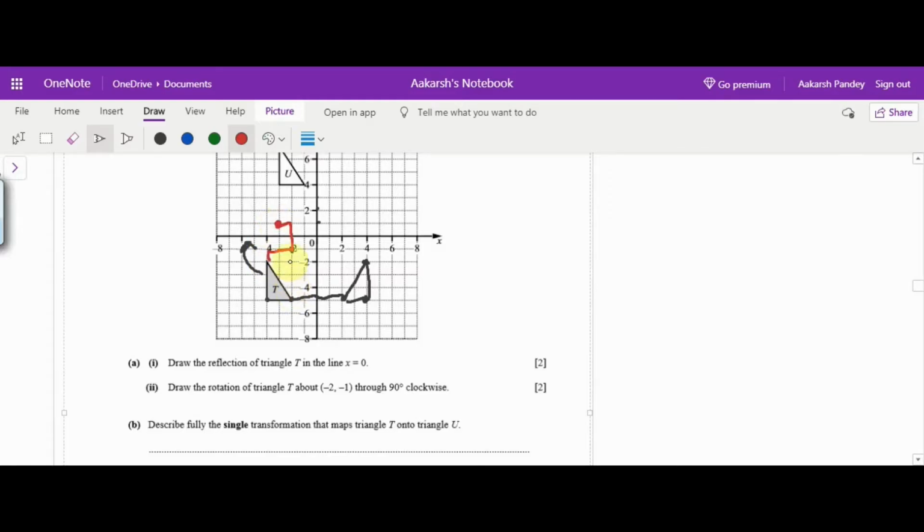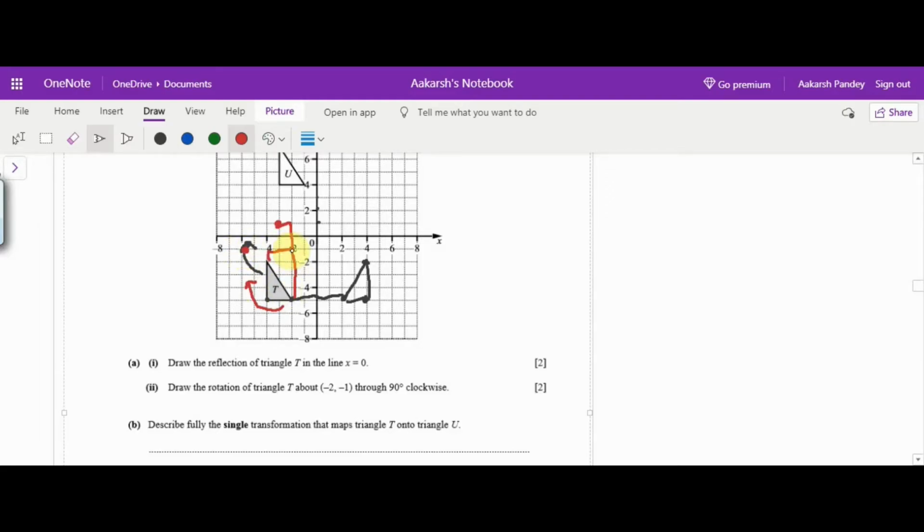Now for this vertex, just connect this point of rotation to the vertex. So I have four boxes, a straight line. Now take this 90 degrees. What will happen? It will come over here. Four boxes. One, two, three, four. This is another vertex.